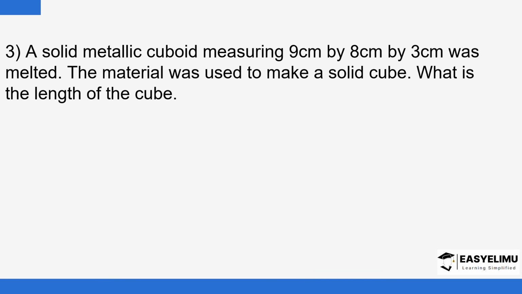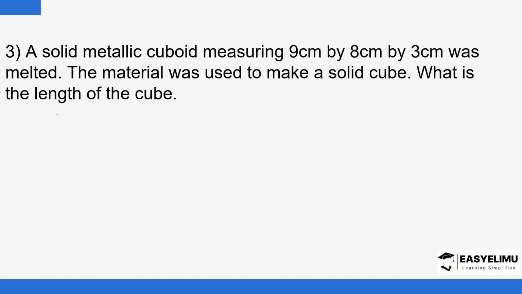There is another one here. We have a solid metallic cuboid measuring 9 centimeters by 8 centimeters by 3 centimeters that is melted, and the material is then used to make another solid cube. What is the length of the cube? We'll try to find the two volumes.